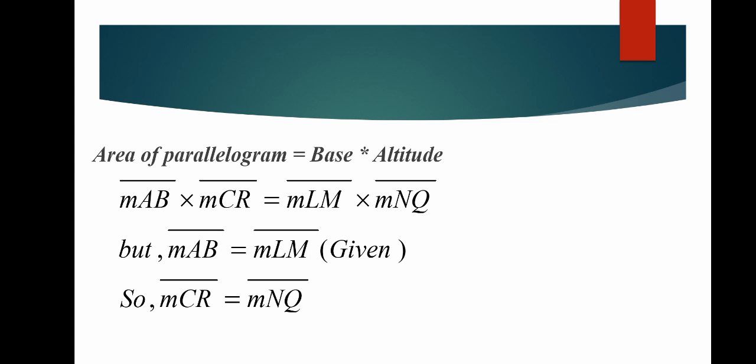As given in the statement, AB is equal to LM because they are the bases and they are equal. If they are equal, then automatically the altitudes are also equal. Measure CR and NQ are equal to each other. So it is proved that parallelograms with equal area and equal bases have equal altitudes.